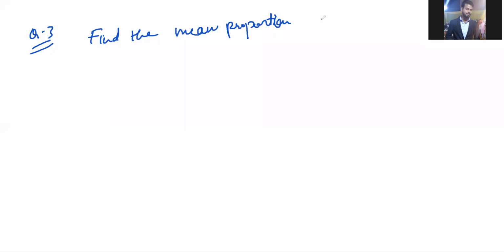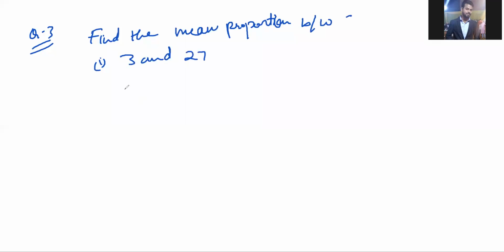Now let us do the third question of this exercise. The question says, find the mean proportion between 3 and 27.